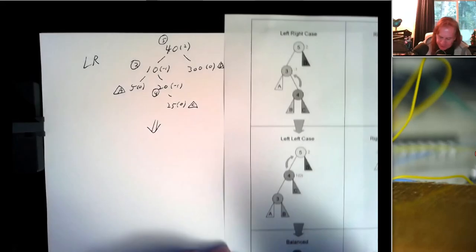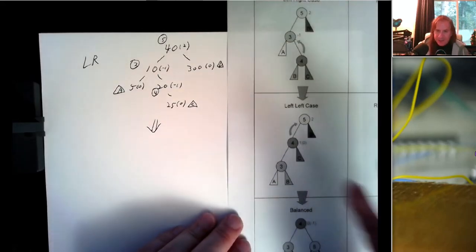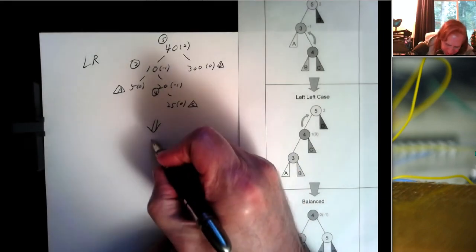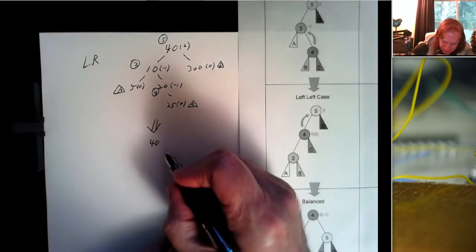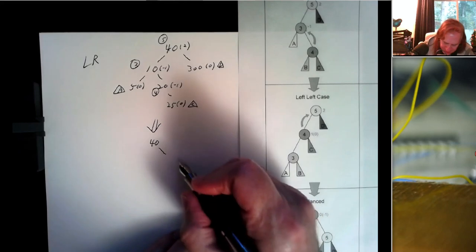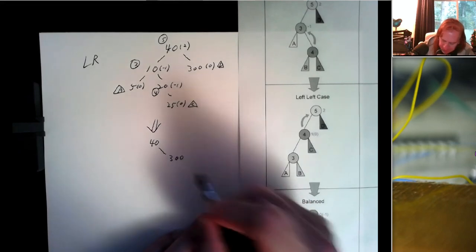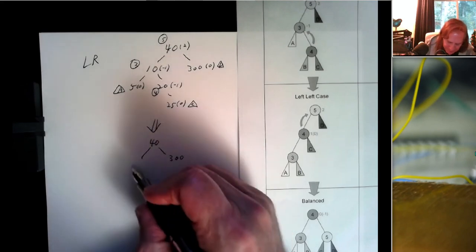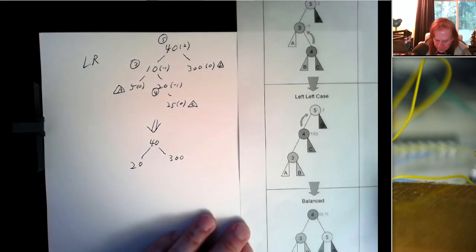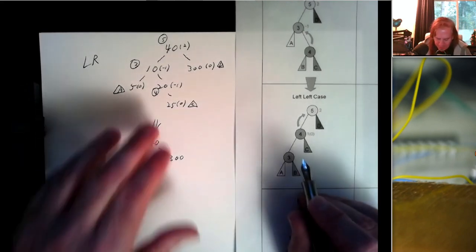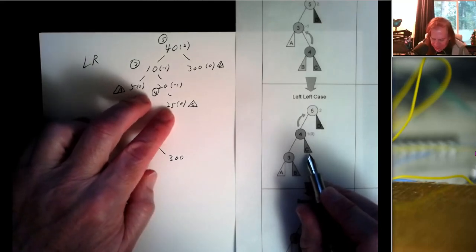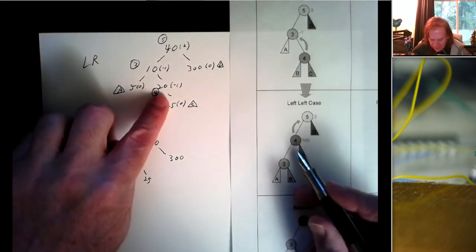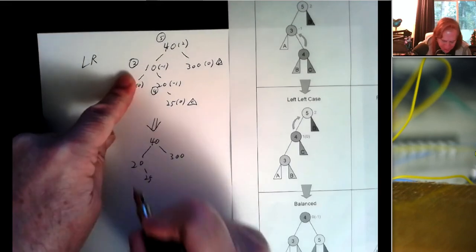And now we're just going to redraw that tree using this left-left case picture. So the root is still going to be 5. That's our 40. It's still going to have D on the right, which is 300. But the left child of 5 is going to be node 4, which is 20. The right child of that is still going to be what it was, node C, so that's going to be our 25. The left child of 4 will be node 3, which is 10.